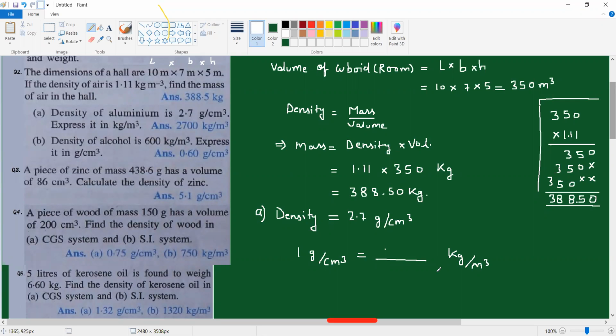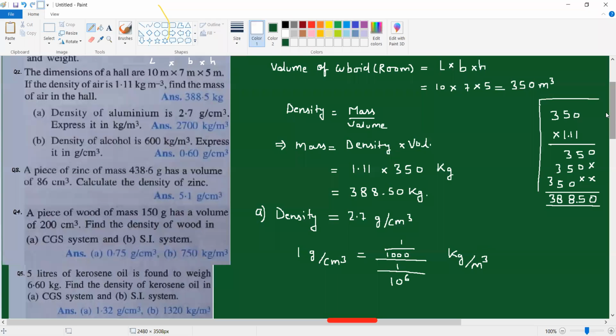Any idea, anyone? 1 kg is equal to 1000 gram, so 1 gram is equal to 1 upon 1000 kg. So here I will write 1 upon 1000. And centimeter cube. 1 centimeter cube is equal to how many meter cube? 1 upon 10 raised to power 6.